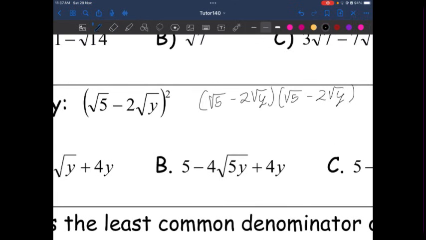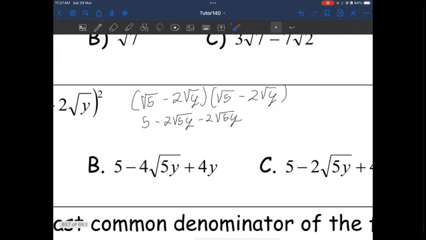So root 5 times root 5, that's just 5. Root 5 times minus 2 root y, that's minus 2 root 5y. And multiplying these two now, that's again minus 2 root 5y.